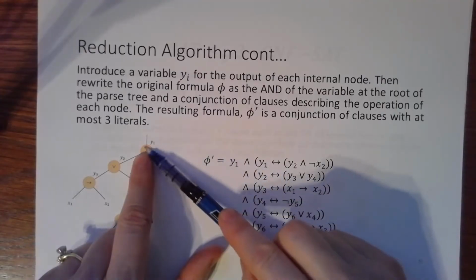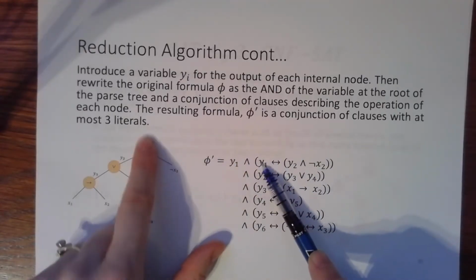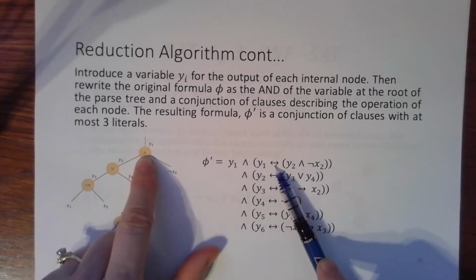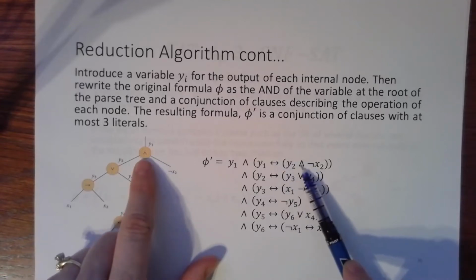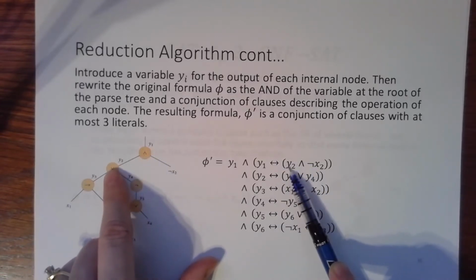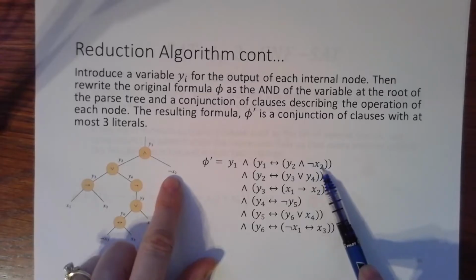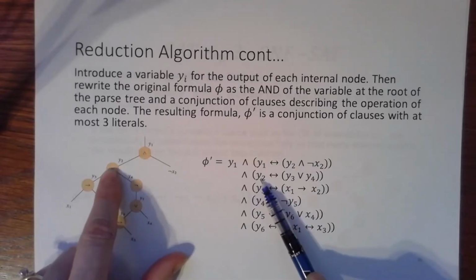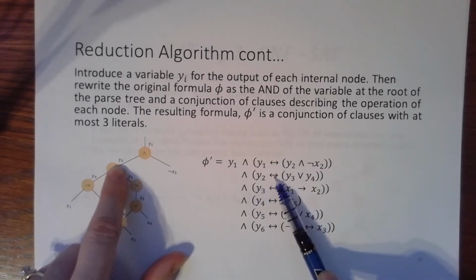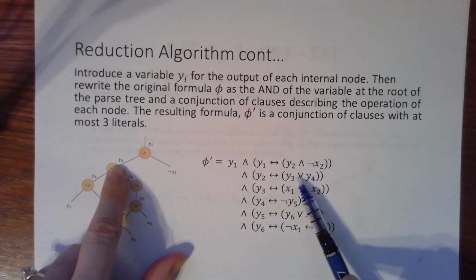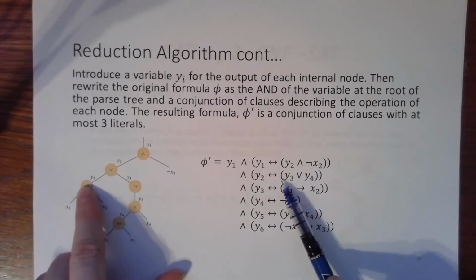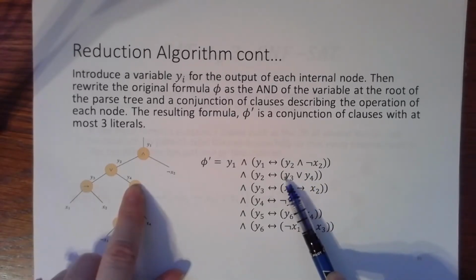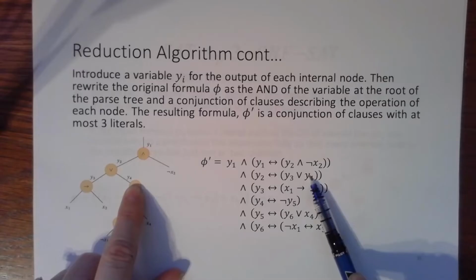So y1, the output of this node, is logically equivalent to the AND of the left side, y2, and the right side, which is the negation of x2. If I look at y2, the output of that is logically equivalent to the OR of its left side, which is y3, and its right side, which is y4.